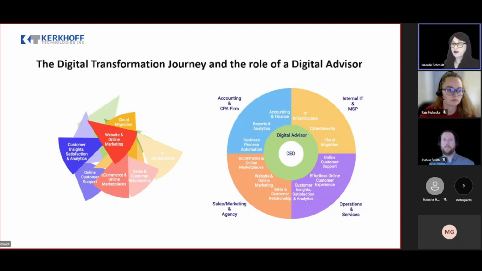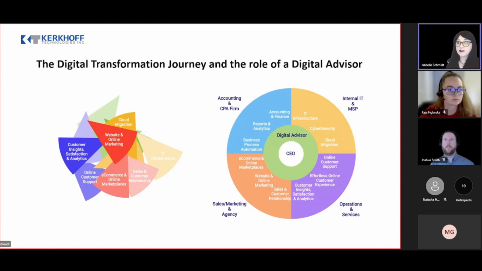And that's the role of the digital advisor, to work with the core decision makers like the CEO and business owners, to shield them from all of the different departments that might be coming in with ad hoc solutions. So we work with everyone from internal IT departments in operations, sales, marketing, and accounting.